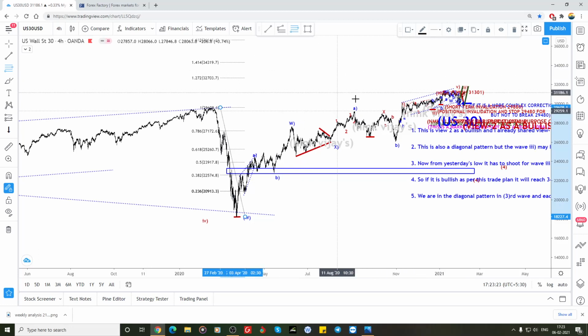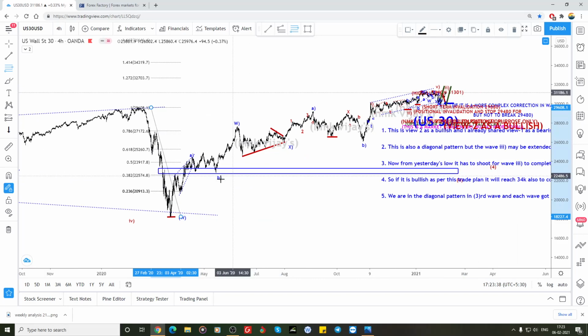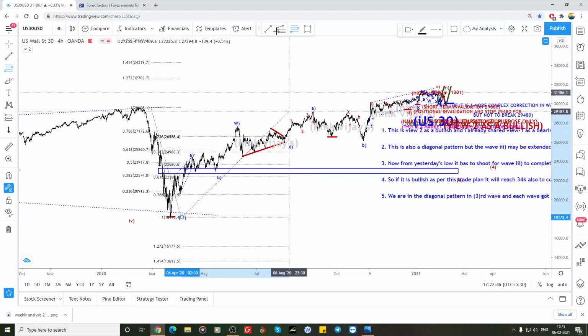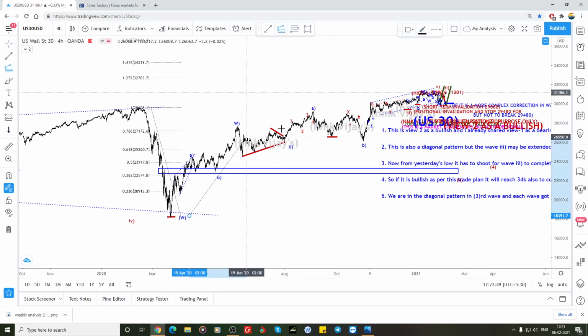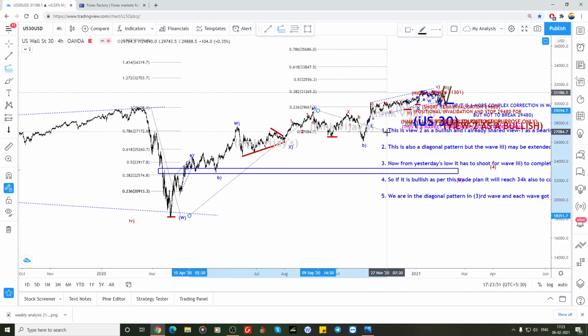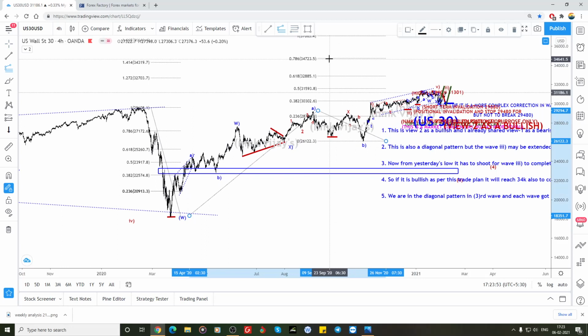It has chances, and after that, if the 4th wave ended here, we are in the 5th wave, but if the 4th wave is still there, we are again in the 5th wave. So whether it is looking like A, B, C, at least we need, here A, so B, so C is 34.